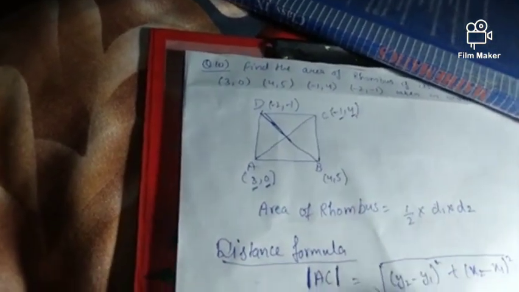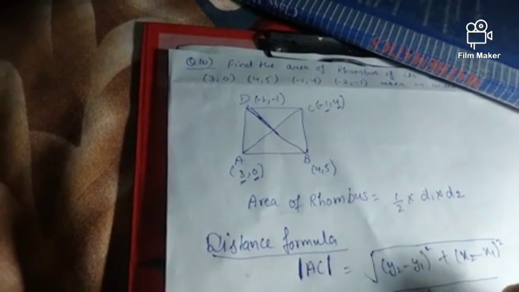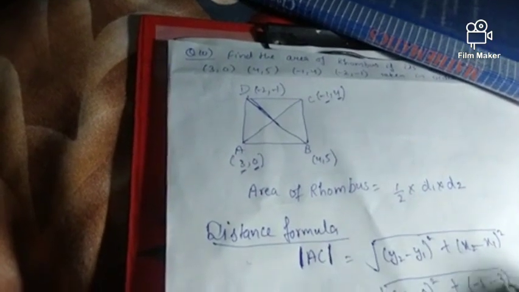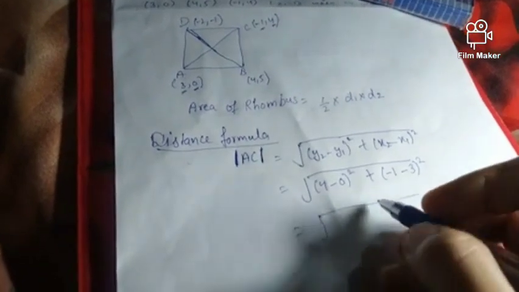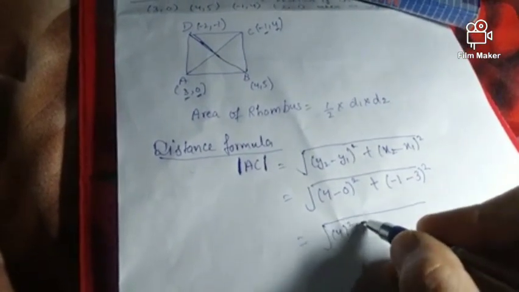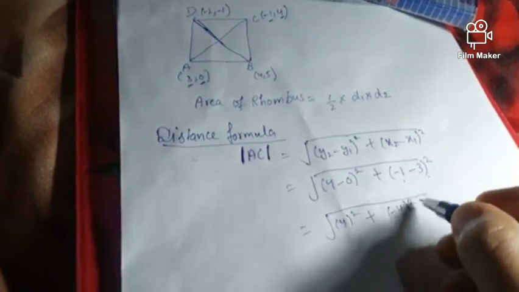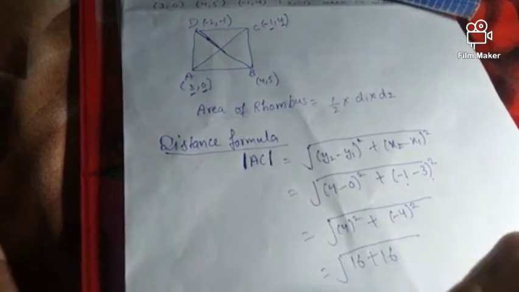Root of y2 is 4, y1 is 0, x2 is minus 1, x1 is 3. This will become 4 minus 0 is 4, and minus 1 minus 3 will become minus 4. It will become 16 plus 16.